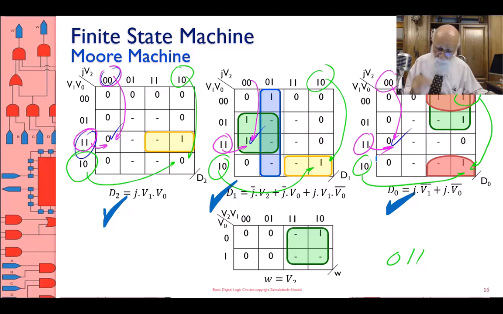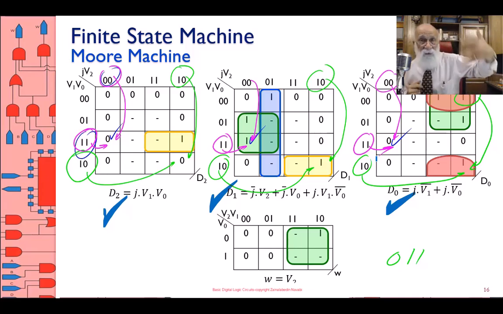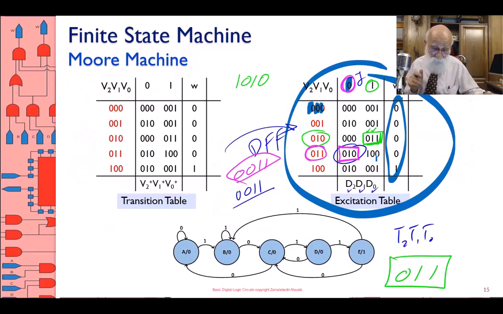So we continue with this, and then we have our table, the Karnaugh maps all set, and then we do the mapping. Let me do the output. Notice the output is only 1 if V2, V1, V0 is 1, 0, 0, and don't care for the rest of it.